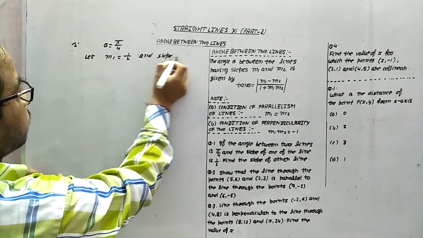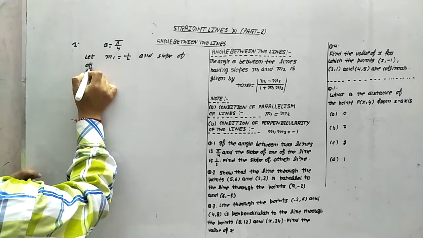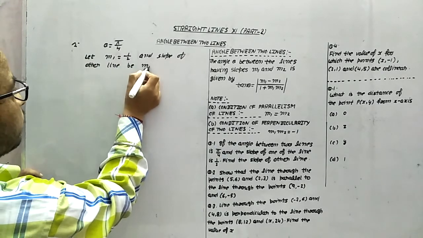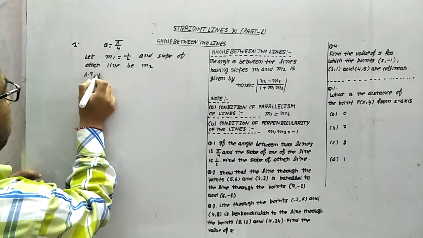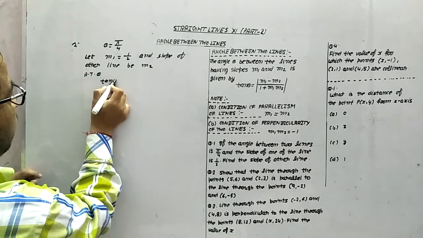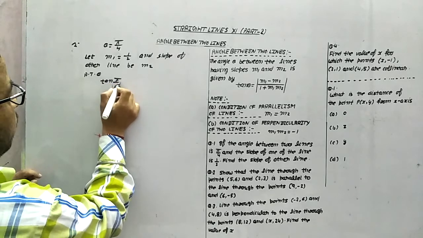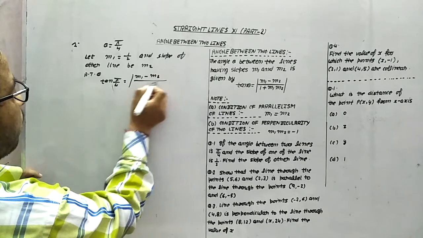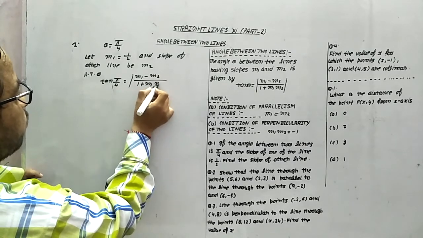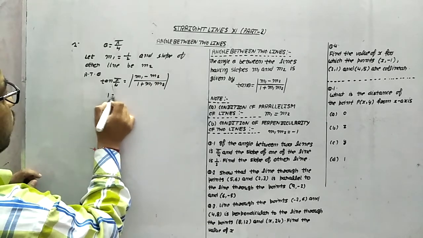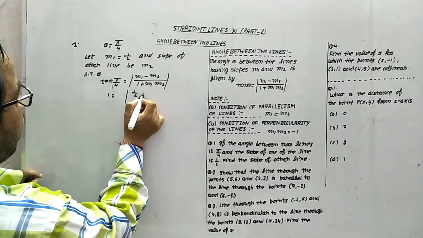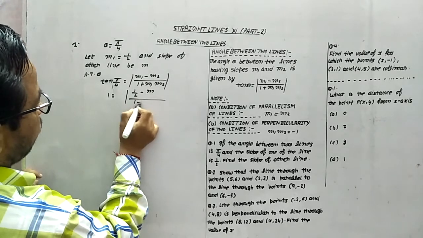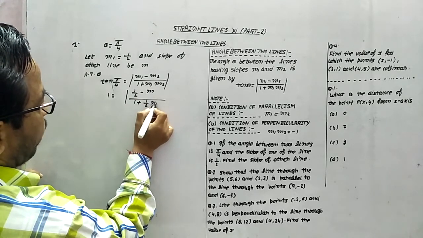Now according to the question, tan theta, meaning tan pi by 4, is equal to modulus of (m1 minus m2) upon (1 plus m1 m2). Now what we are observing, this is 1, m1 is half, and m2, let us suppose the slope of the other line be m only, so this is m, 1 plus half into m.